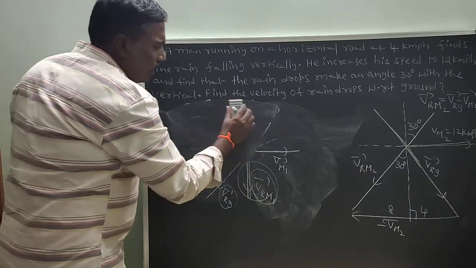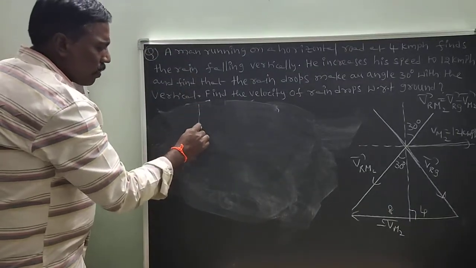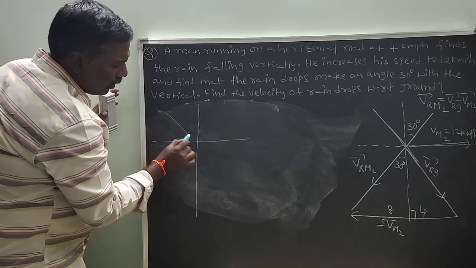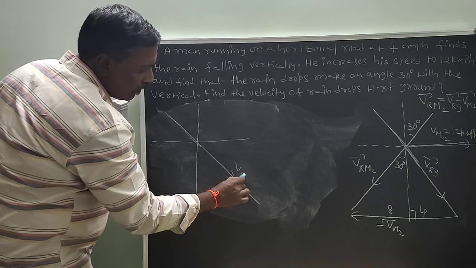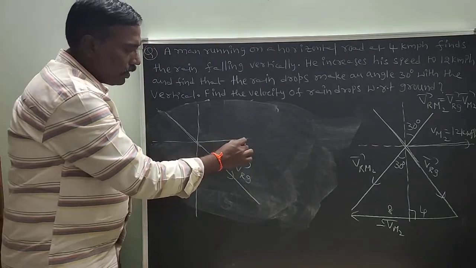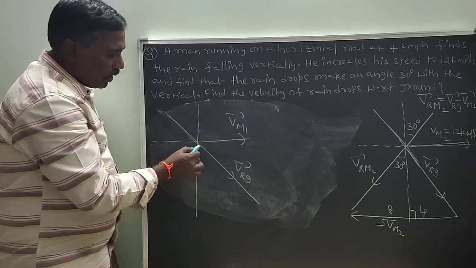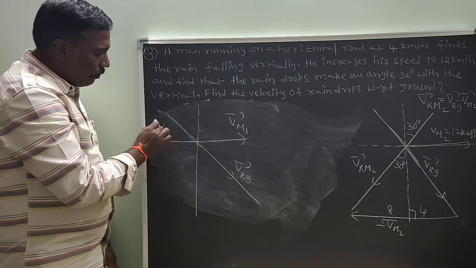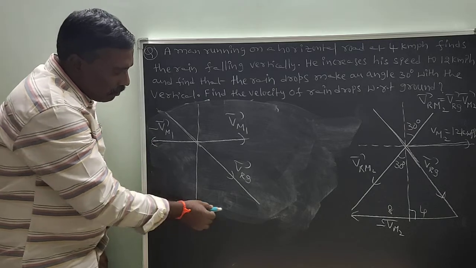When you take the velocity of rain with respect to ground in this direction, Vrg bar, velocity of man is in this direction, Vm1 bar. So the negative vector of velocity of man, minus Vm1 bar, can be displaced downward and backwards.